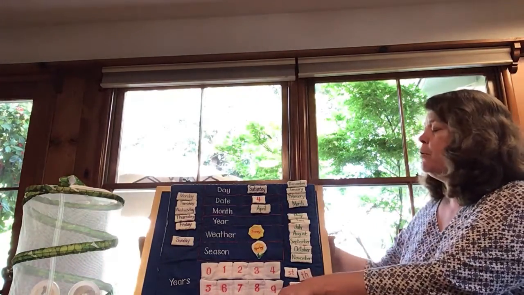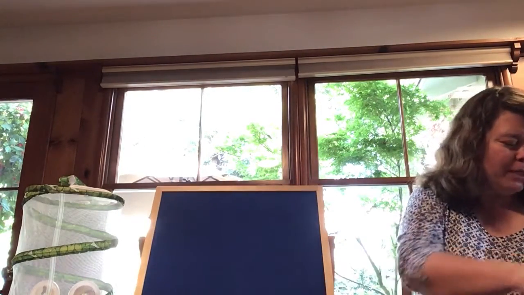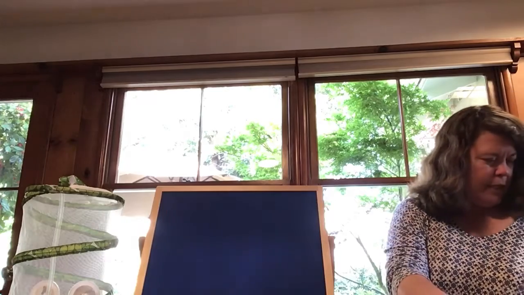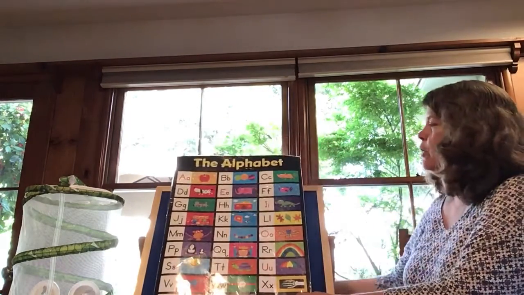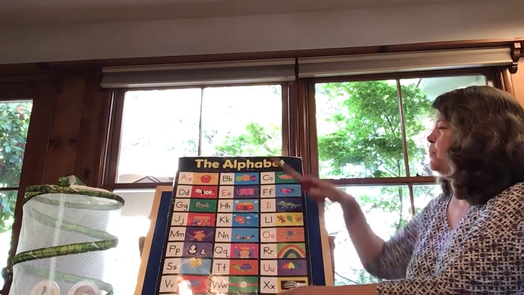So let's put our calendar away and let's do our ABCs. We always need to do our ABCs because that's something we should always be practicing, is how to learn our letters. So let's get ready. Here we go.